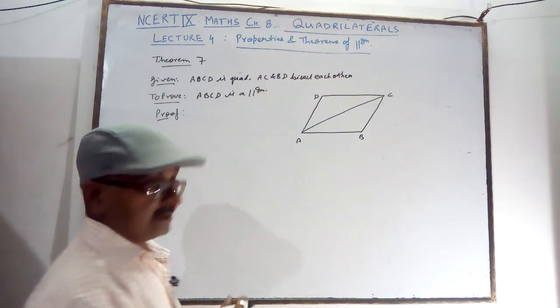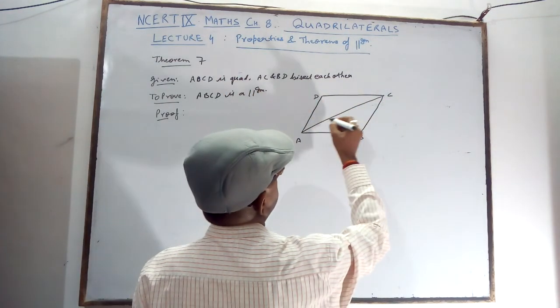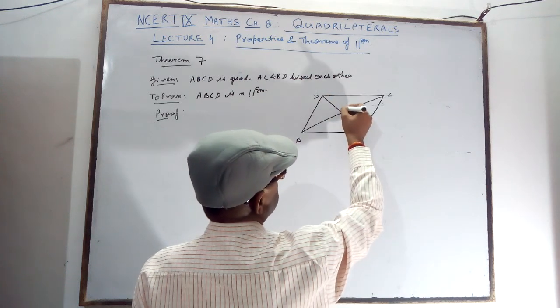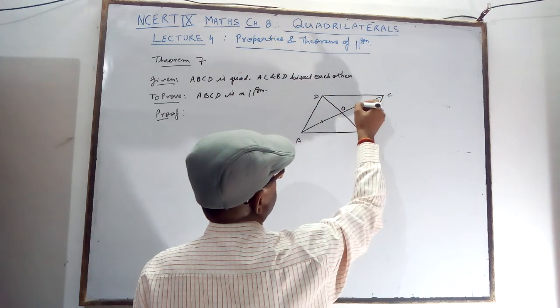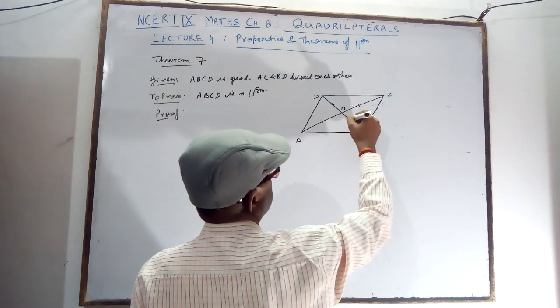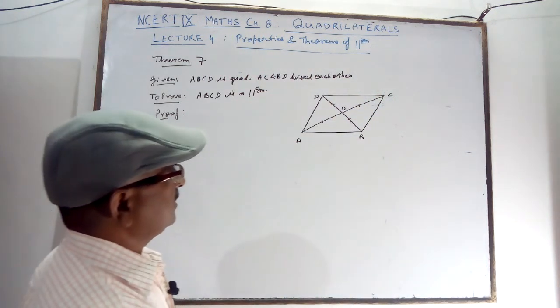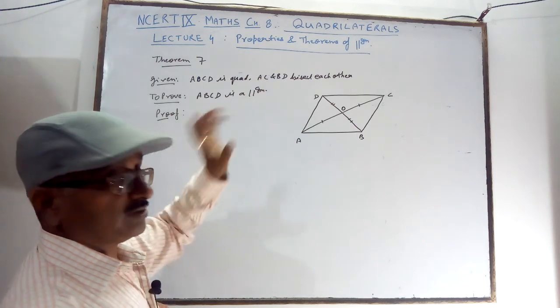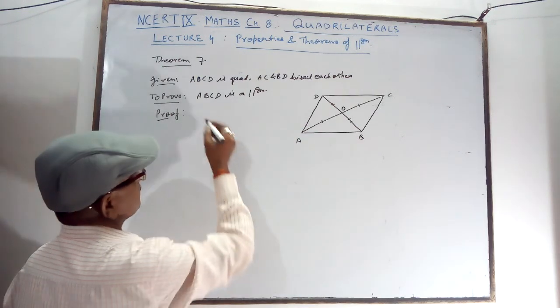What will we write? We write it is a quadrilateral in which the diagonals BD and AC intersect where AO is equal to CO, BO is equal to DO. It is given.